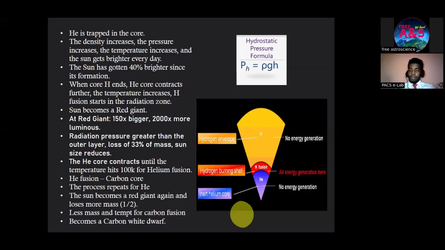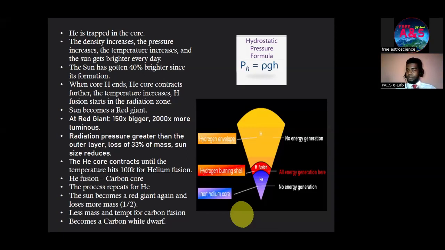So the stage will come when there will be a helium burning shell. That will also inflate the star. The sun will lose so much mass that it won't be able to fuse carbon, because you need a higher temperature to fuse carbon.